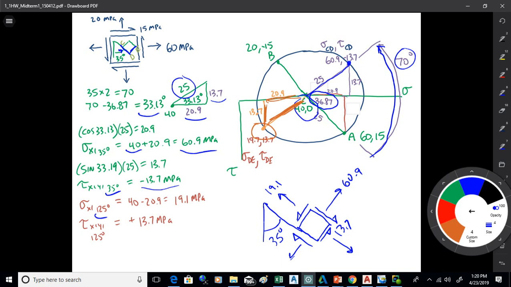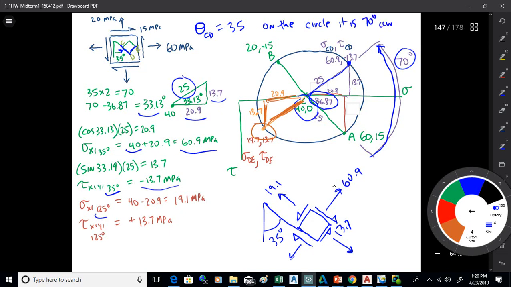Well, okay. So let's see. What I found here is that theta CD is 35. On the circle, I have to double that, so it's 70 degrees counterclockwise. When people ask questions, I just run through the whole deal from A. A is the point on the circle that represents the vertical plane on the element.